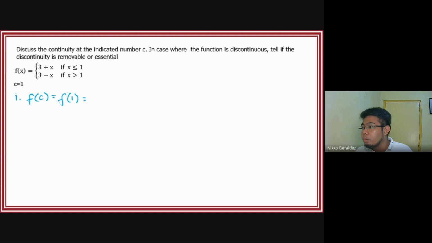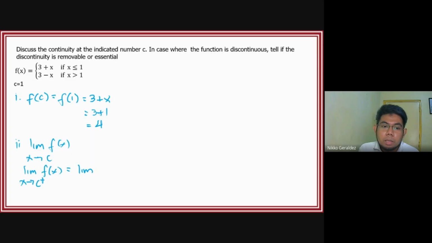Very good. So f of 1 is equal to 3 plus x, or that is 3 plus 1. That is equal to 4, because the equal sign is there, x is equal to 1. Then condition number 2, the limit of f of x as x approaches c. First we solve the right-hand limit.